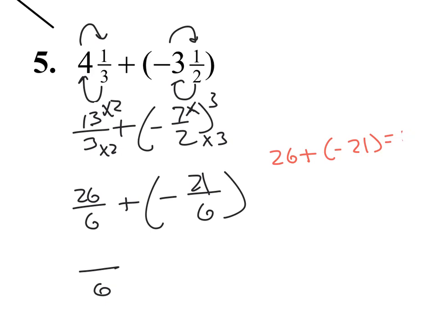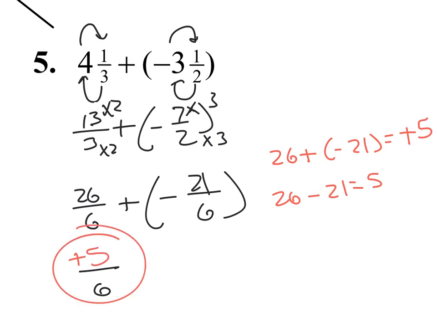And since my signs are different, I'm going to subtract the numbers. So let's take the large number, 26, subtract the smaller number, 21. That's 5. So my final answer for the numerator is positive 5. So positive 5. And that's it. I'm done reducing. The greatest common factor between 5 and 6 is 1. So you're done.